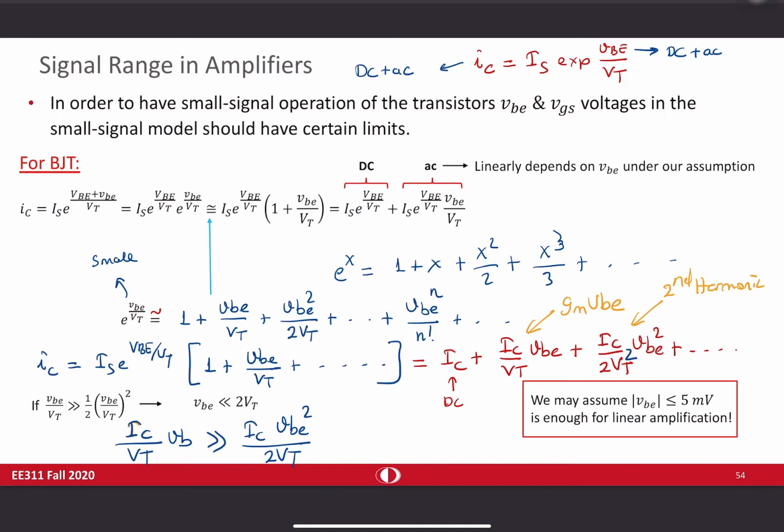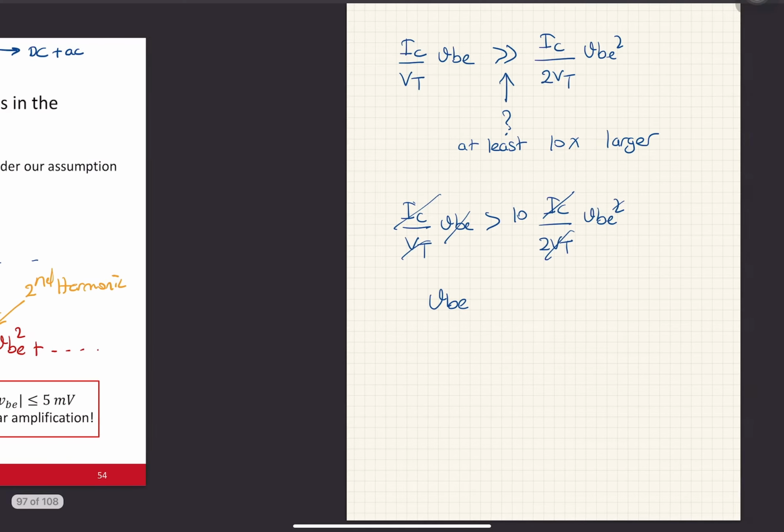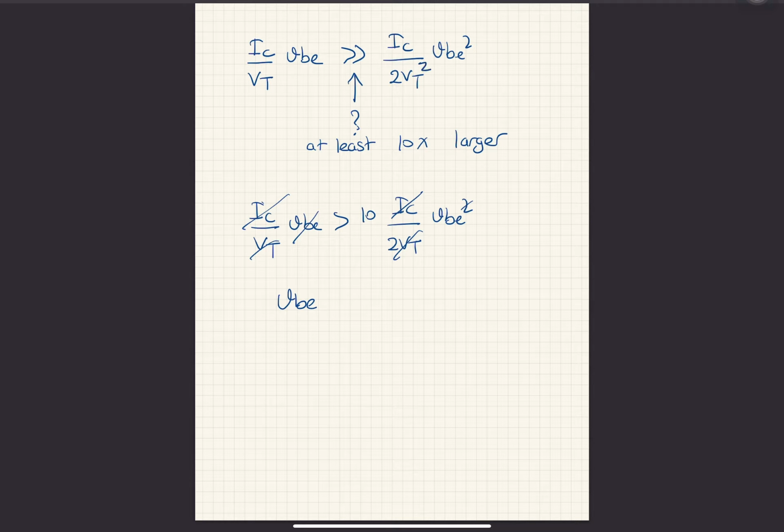This should be a square in here. Therefore, I will have a square in here, square in here. So this is going to cancel out. VBE should be less than VT divided by 5, which is 5 millivolts at 300 Kelvin or room temperature.